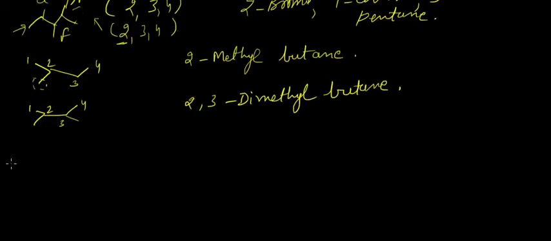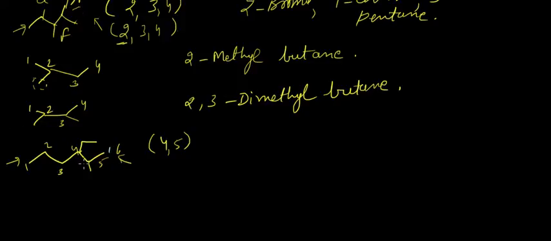Okay, so what about this? The total number of carbon atoms, if we calculate, is 1, 2, 3, 4, 5, 6. Substituents are found at position number 4 and 5 if we take the ordering from this carbon. If we take the ordering from this carbon, the substituents can be found at positions 2 and 3.